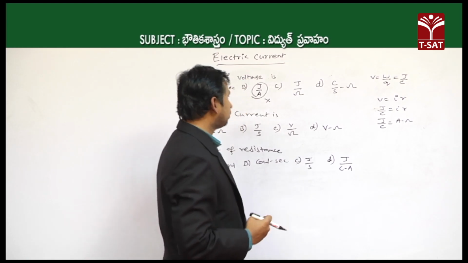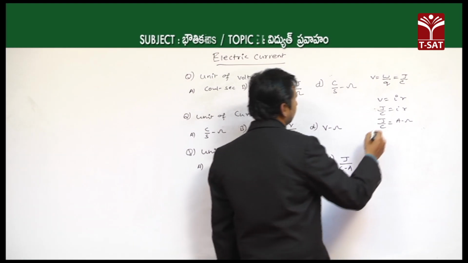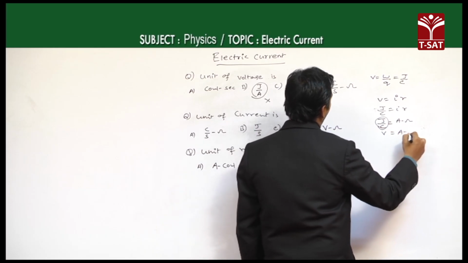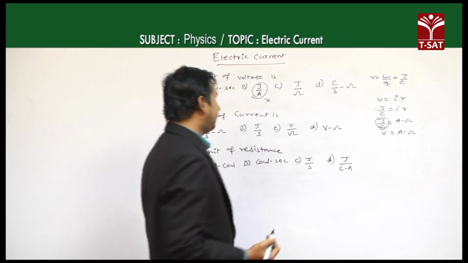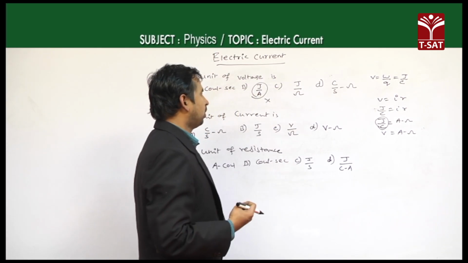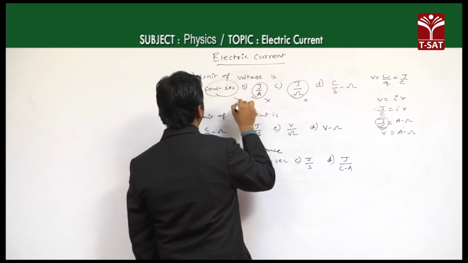If you want to write voltage in terms of joules and ohms, then in place of J by C, which is volt, it becomes ampere ohm. But here it is given as joule per ohm, which is also a wrong one. So you cannot take this one either, and coulomb second is already wrong.